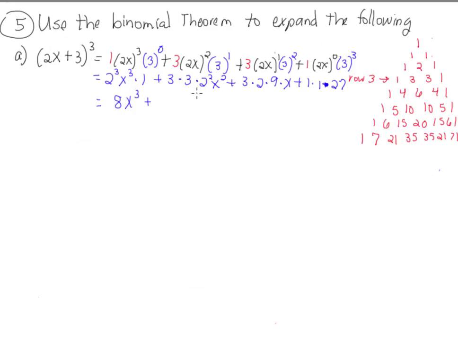My second term, after multiplying 3 times 2 squared together, I get 36x squared plus 54x plus 27.